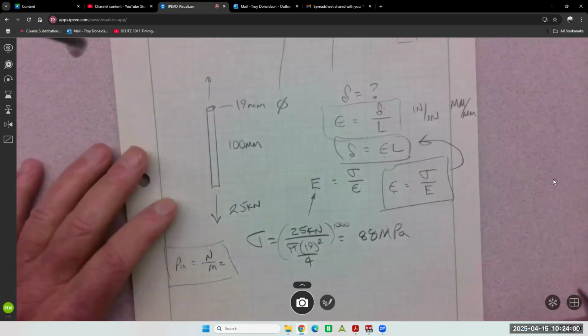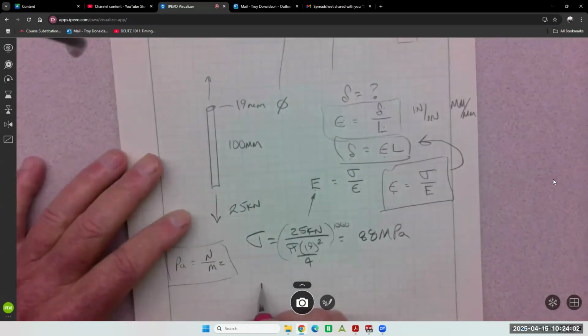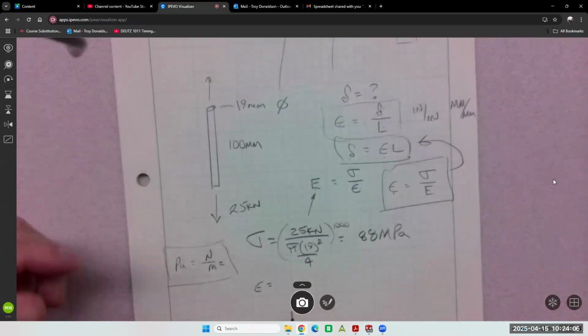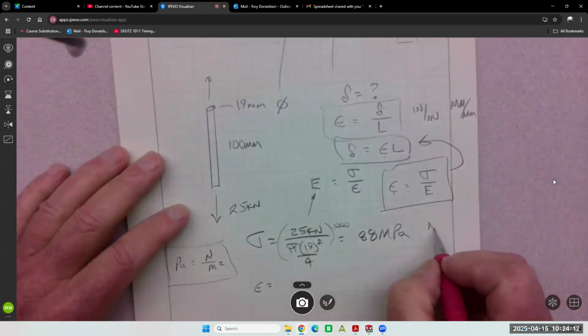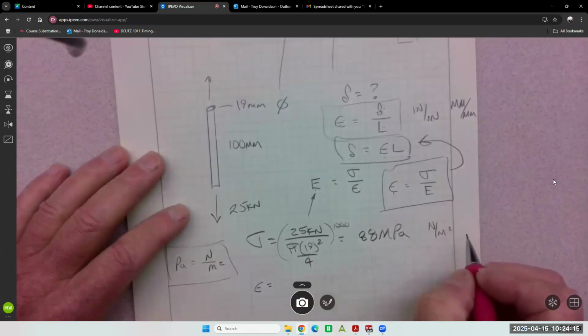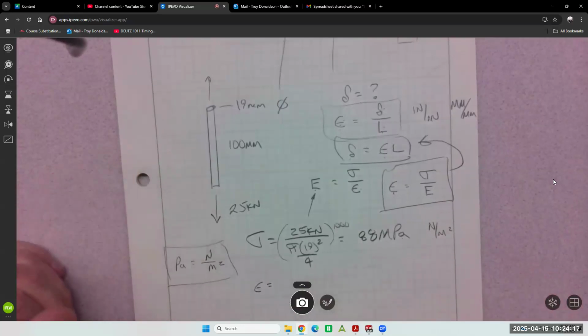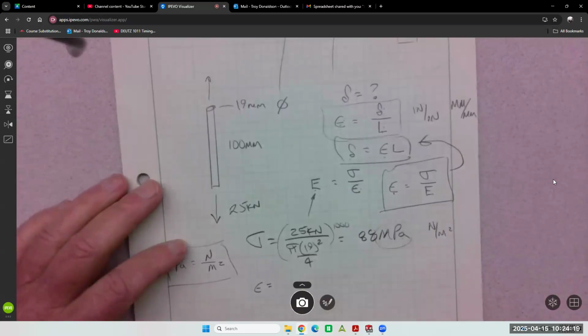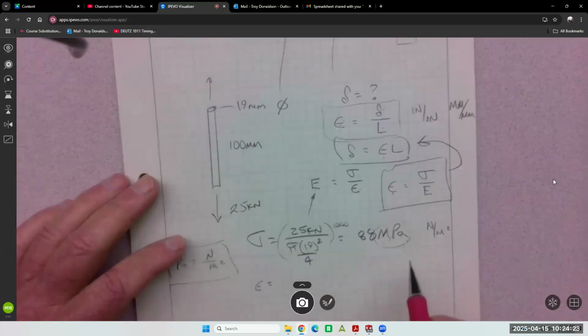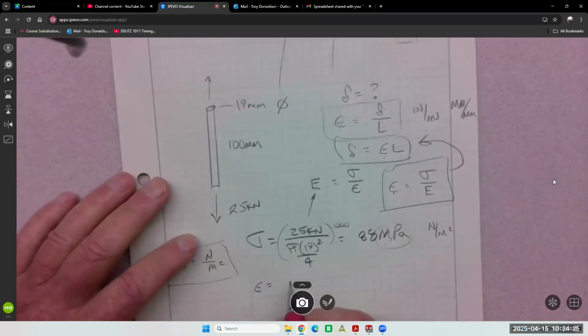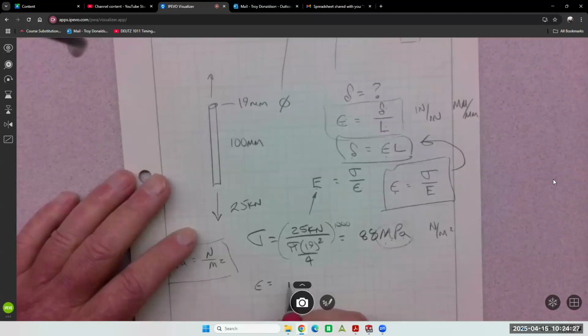I'll write it out too. And I'm going to take it all the way down to newtons per meter squared. Oh, wait, we have megapascals and megapascals, so we should be good. I won't do that.